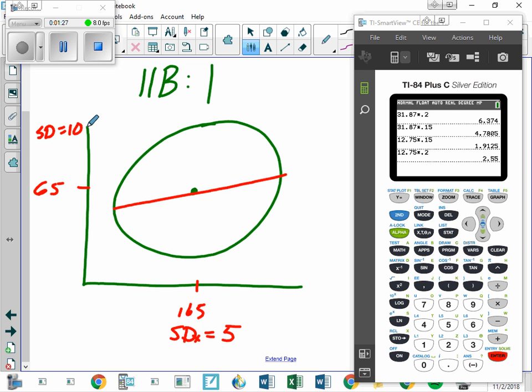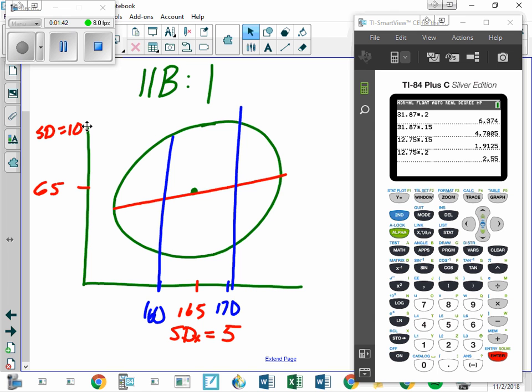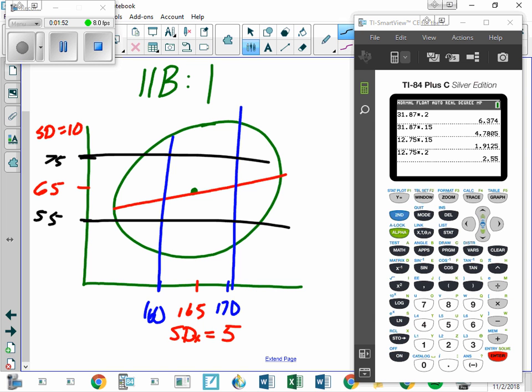If I go on the x-axis from 170 down to 160, and I draw that, I should capture 68% of the people. And I can do the same thing with the y-axis. If I go up to 75 and down to 55, and I draw that, I should capture 68% of the people. Now this is a different 68 than the X, but it's still 2/3 of the population.